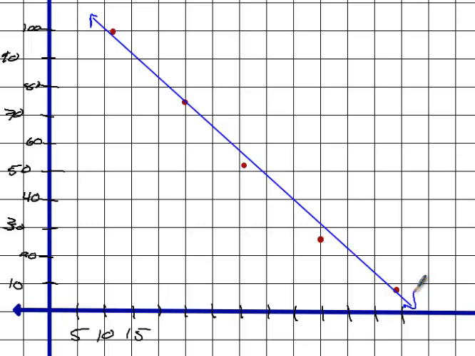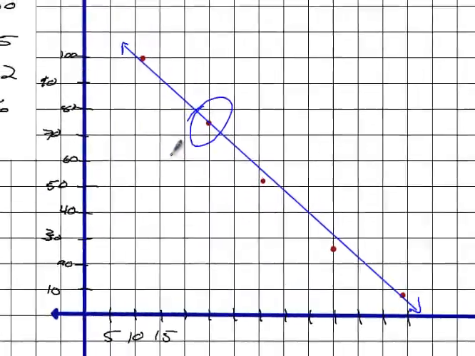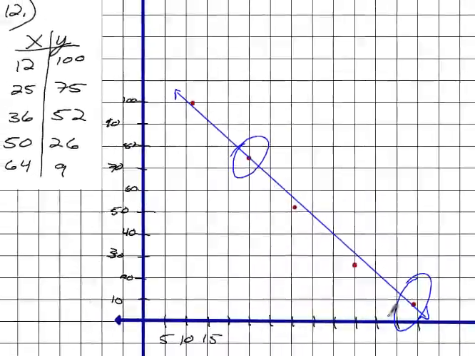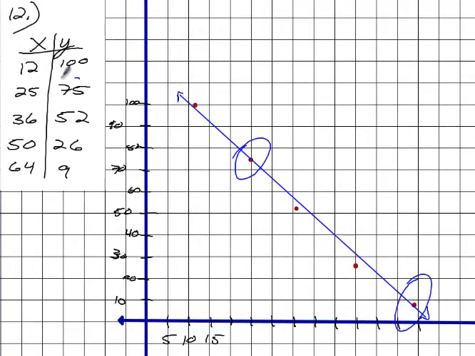So I'm thinking something like that, right? So I'm using this point, and I'm using this point, right? So that is point number 2 and point 5. Everybody okay with that? Yes?